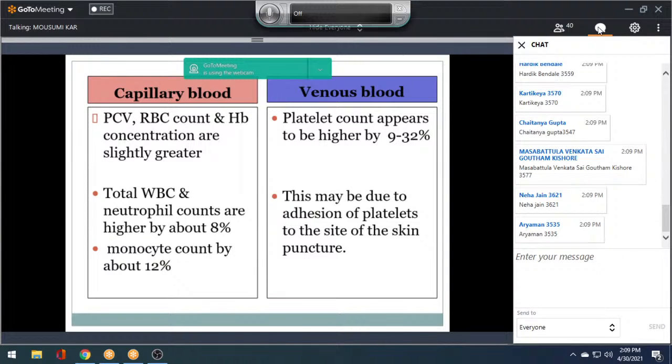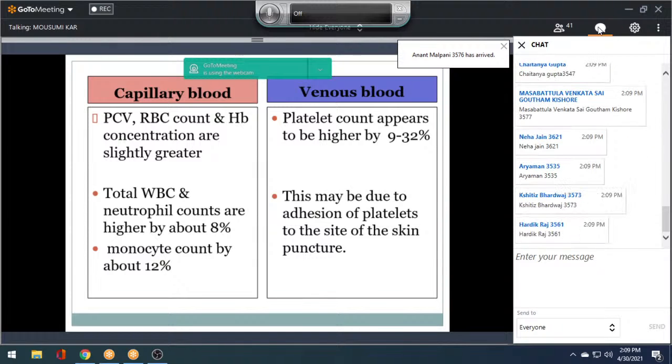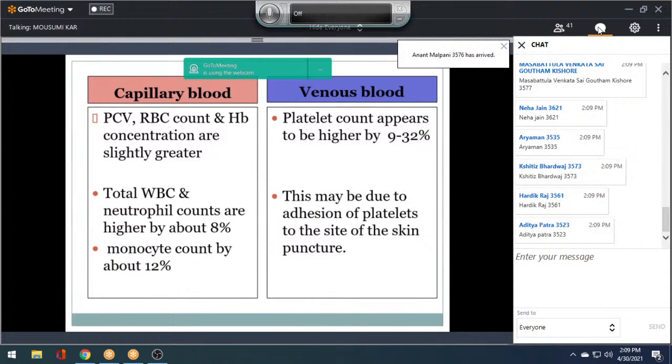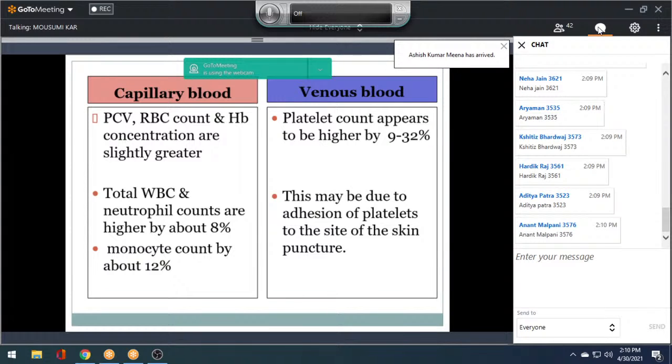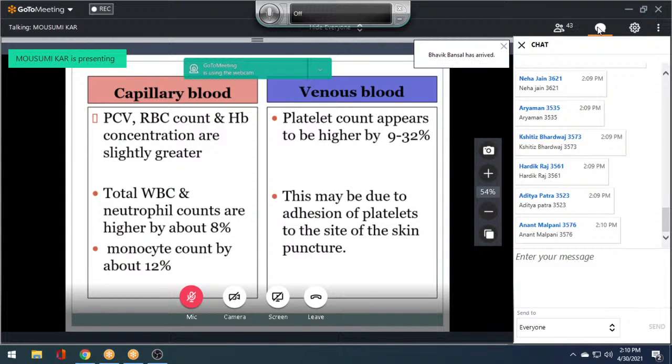So basically, PCV, RBC, hemoglobin, and the WBCs are slightly higher in capillary blood, while in venous blood, we have a slightly higher platelet count. And that is basically because whenever there is an injury, platelets will adhere at the site of the injury, and that will lead to an increase in platelets of around 9 to 30% in venous blood.